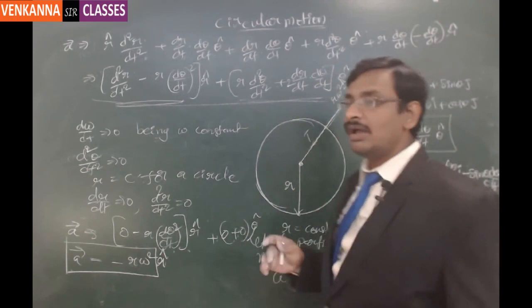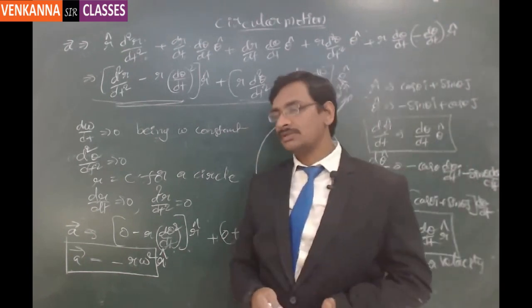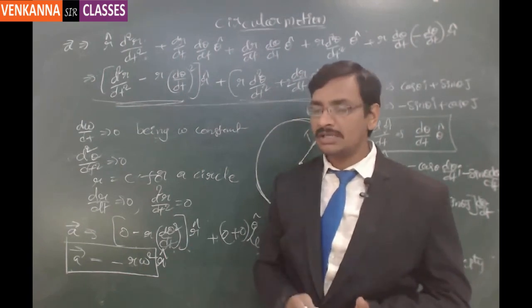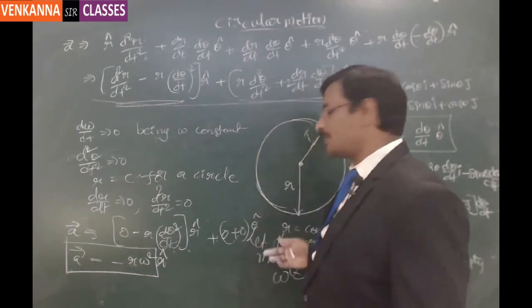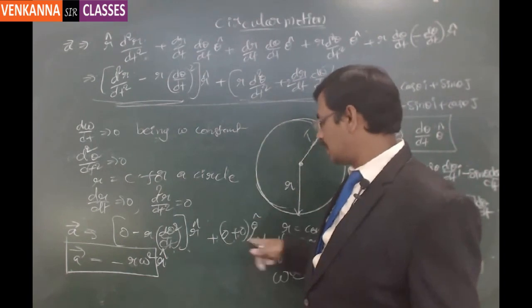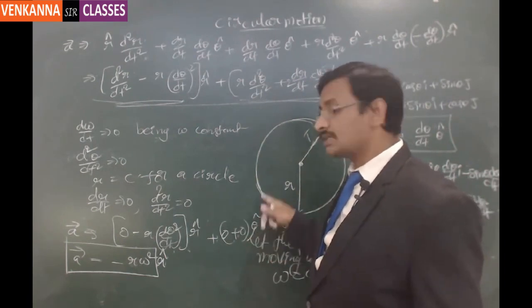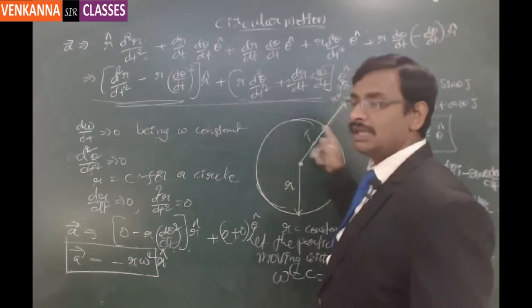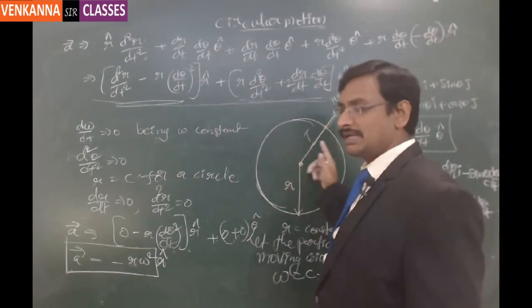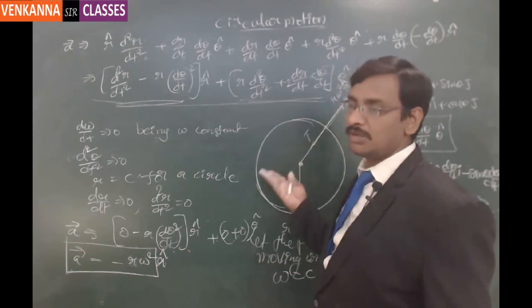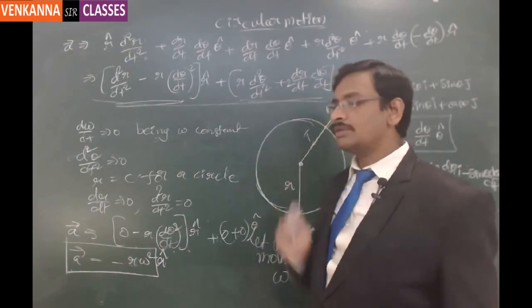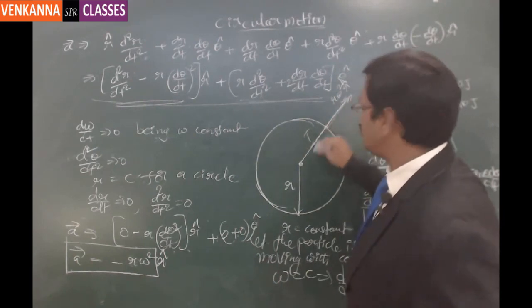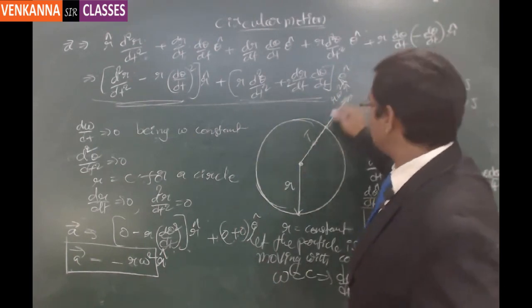Suppose the particle is not moving with a constant angular velocity. Then the acceleration will also have a component in the direction of theta cap. That means if the velocity keeps changing, or if there is an angular acceleration, whether constant or variable, then two components of acceleration are going to be there. One is the centripetal acceleration, which is in the radial direction or outside the radial direction.